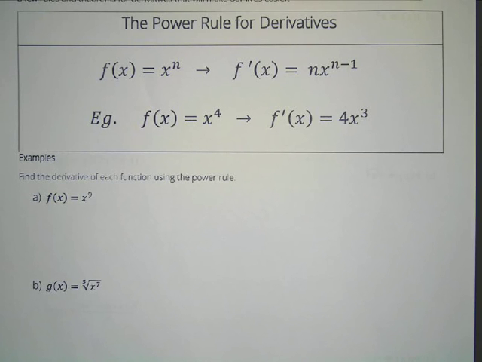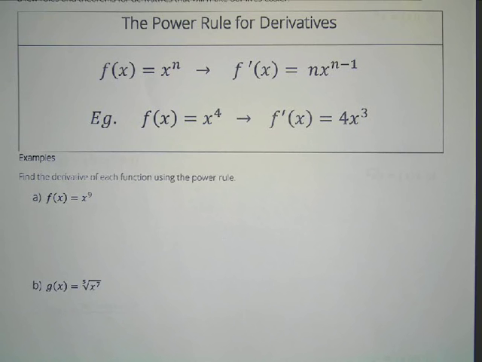Don't have to go through all that limit process. And if you want to check the other ones, try it out. It actually works out with the ones we just did. Didn't we do that yesterday? Yeah. So as an example, if f of x is x to the 4th, its derivative will be 4x to the 3rd, putting the 4 in front and subtracting 1 from the exponent.